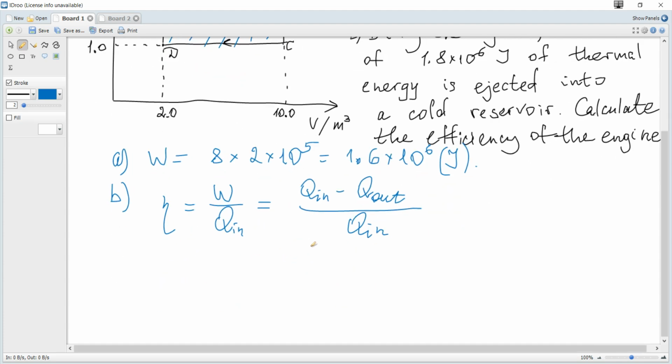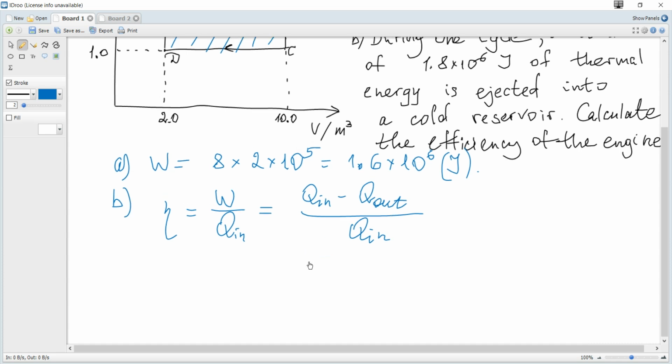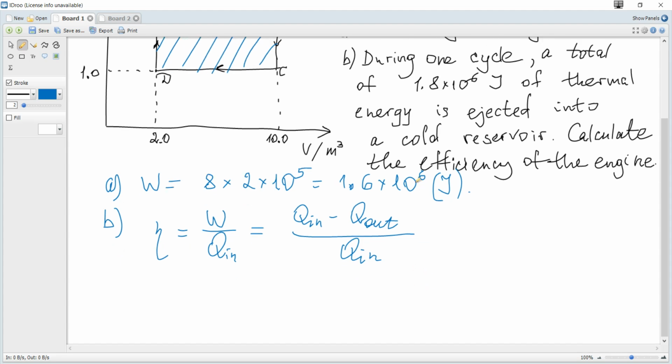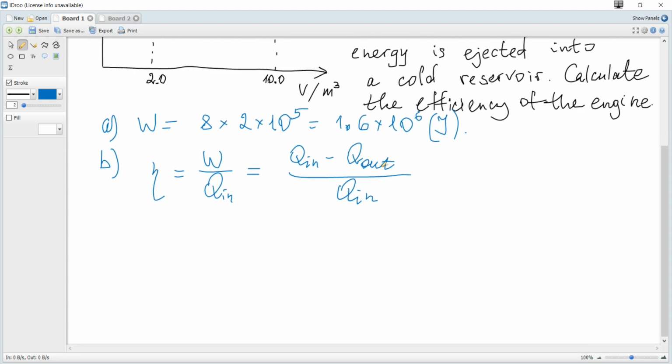And you can see that we need what? We need during a total of thermal energy is ejected. It means it's Q out, and calculate the efficiency. So if we know work and Q out, we can calculate what?